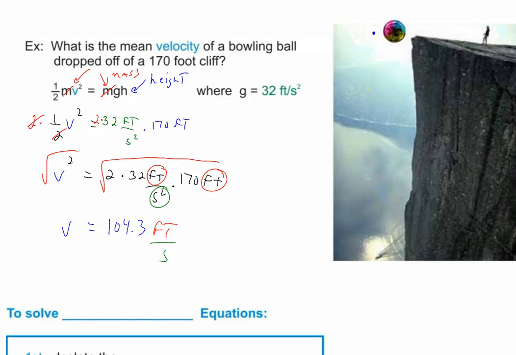What if we dropped a feather off of the cliff and there was no wind, no air? There is air, though, so feathers don't work great unless... Have you ever seen a demonstration in a vacuum chamber of dropping a coin and a feather at the same time? If you Google it, it'll come up on YouTube. Dropping a feather and a coin.